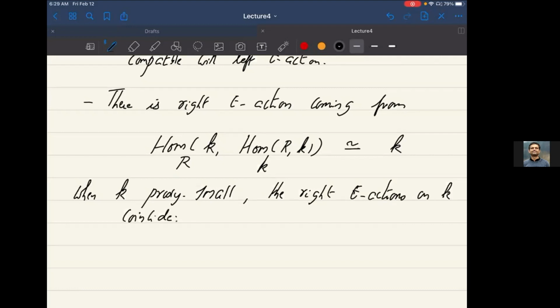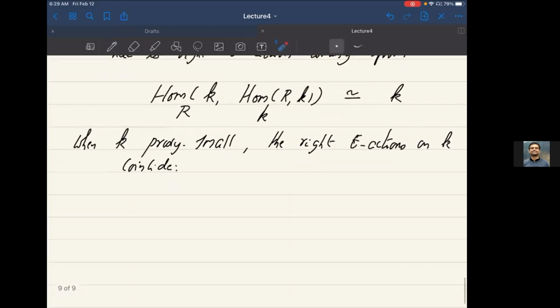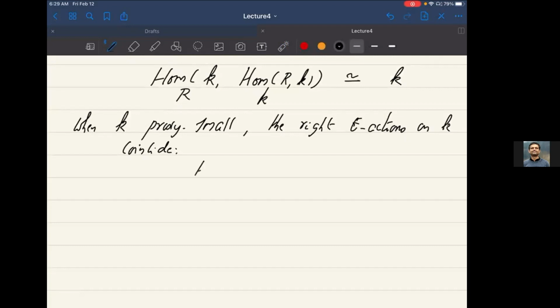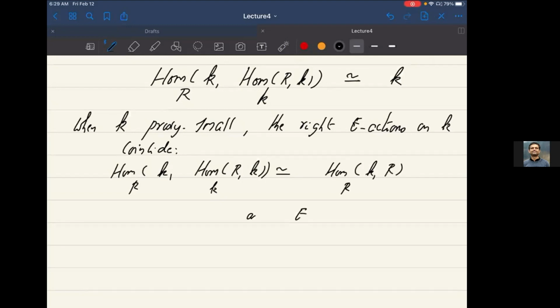So this is one of the miraculous things for me anyway about this proxy smallness condition. What we get is that this is equivalent to this as E-modules, right, E-modules.